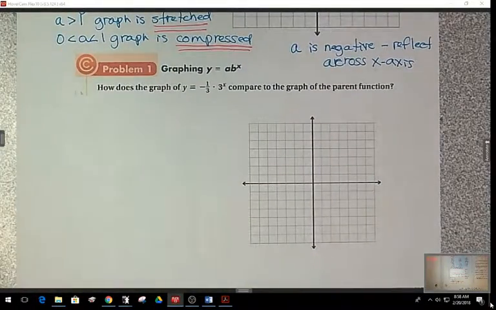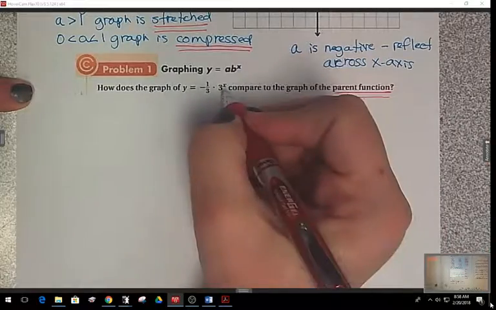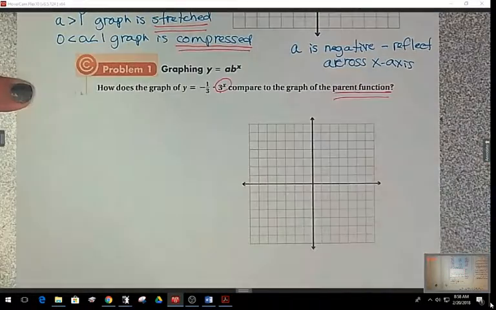So in this next example, they want me to graph y equals negative 1/3 times 3 to the x. How does it compare to the parent function? Well, your parent function would be just this part.